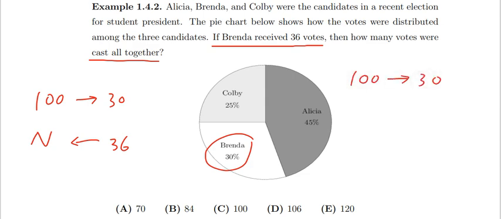The question is: 36 equals how much? Let's simplify: if this is 3, then 10, right? So we find 36 equals how many 3s? Multiply 12, right? So we know 3 equals 10, so this equals 10 times 12, so equal 120.